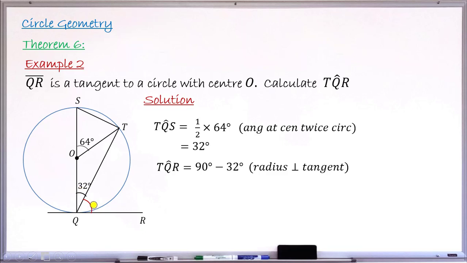And the reason is radius is perpendicular to tangent. Subtracting 32 from 90 correctly, you now have 58 degrees. So this is the angle TQR. I have answered this question.